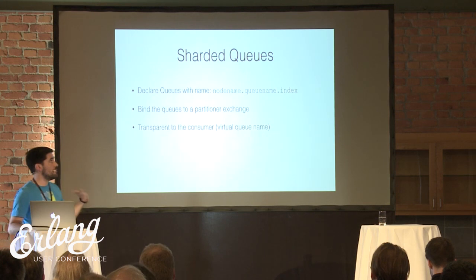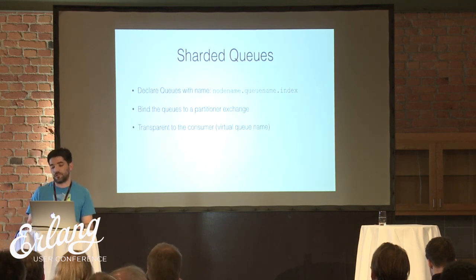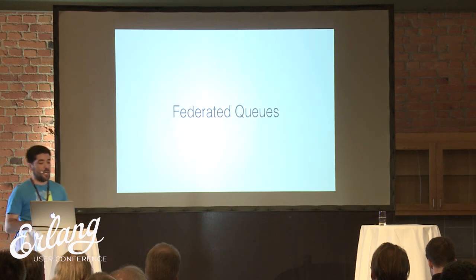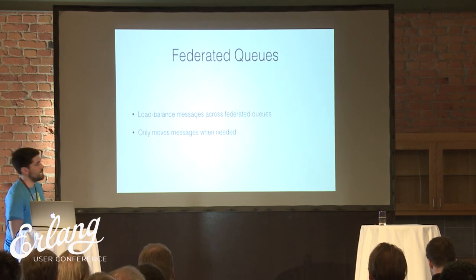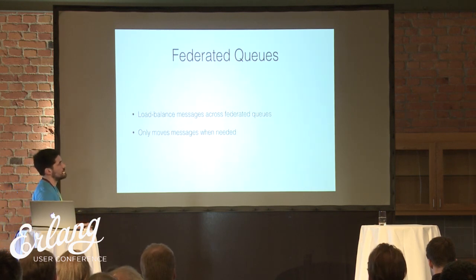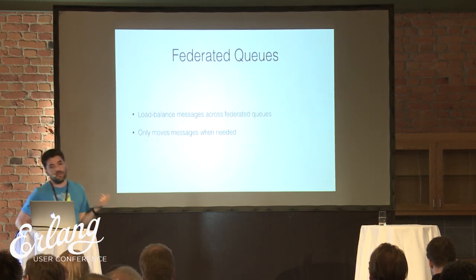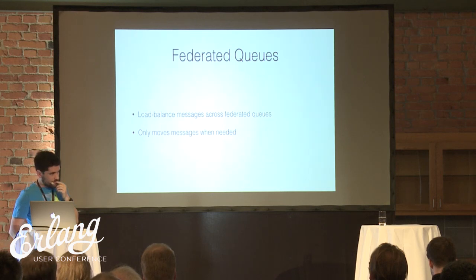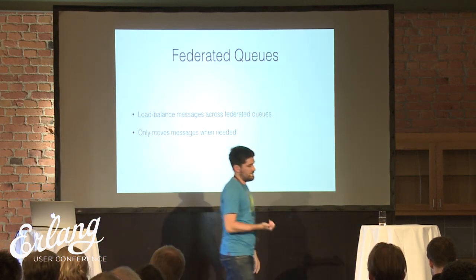What happens if you need more scale? For some reason, this doesn't scale up to what you actually need. We also have something called federated queues. The federated queues can load balance messages across the queues that you declare as federated, only when you need that. If you see how RabbitMQ works, you send messages to a queue.